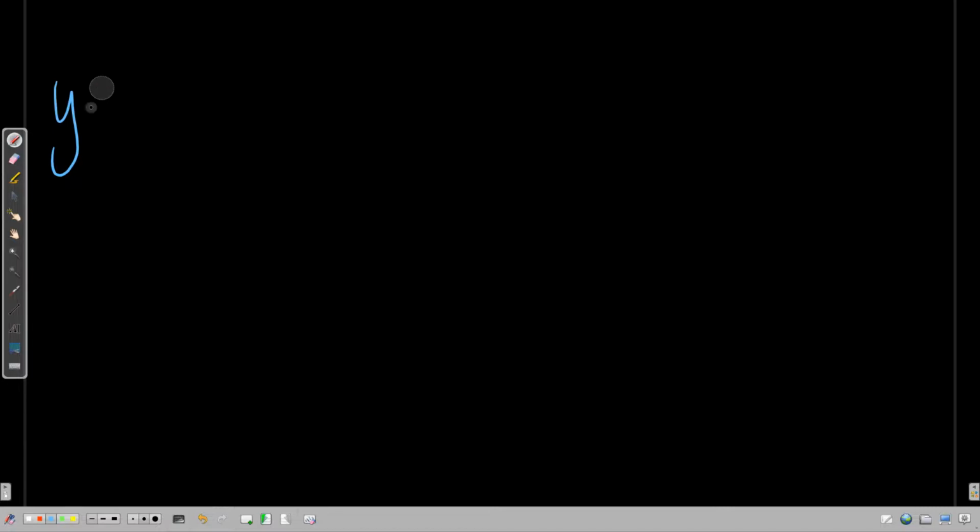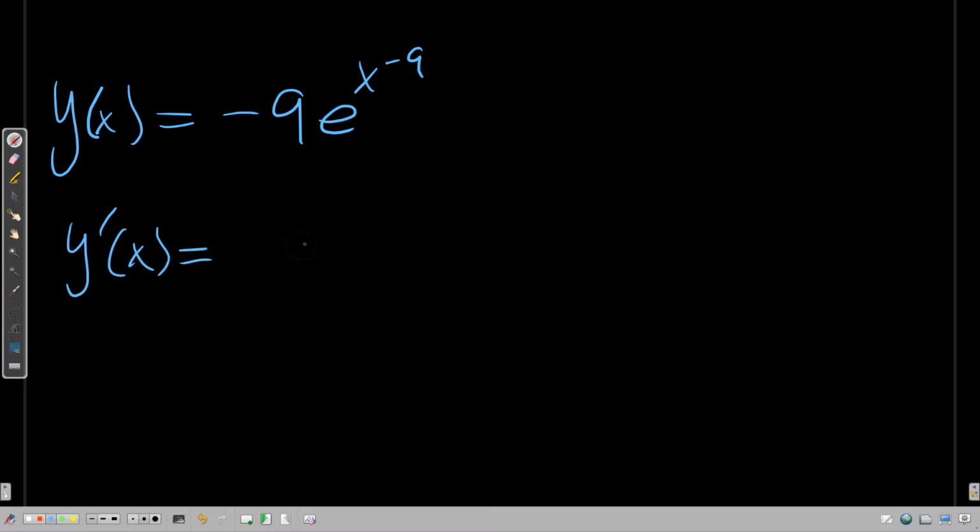So our function y of x is minus 9e to the power of x to the minus 9. The derivative of y would be, well, my minus 9 just comes out front. And then I want to write the derivative of x to the minus 9, and the rest of this is just the e to the x to the minus 9.